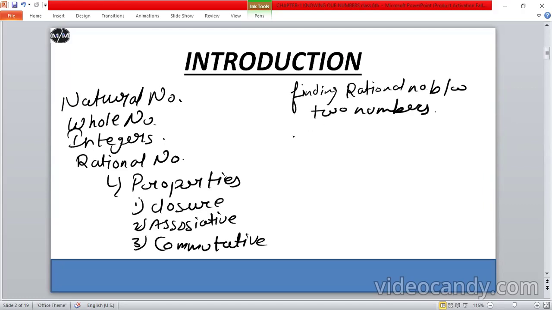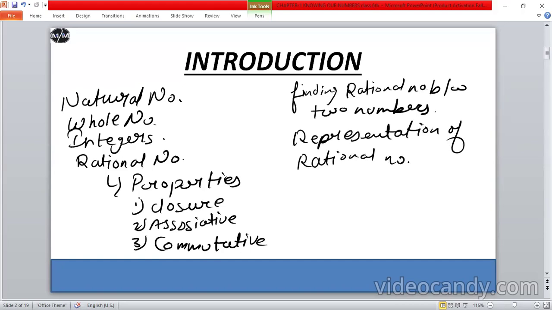Next, representation of rational numbers on the number line. All these things we are going to study in our upcoming video lectures. So now in this video lecture we will overview these topics. So let's start.